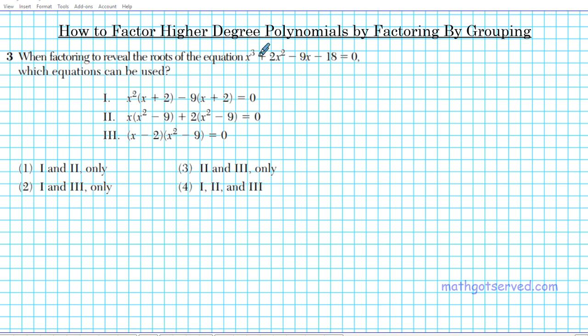We'll get started by factoring this cubic with 4 terms just the way it is first, and then we will interchange the middle terms and factor it out again and see what we get. So x to the third plus 2x squared minus 9x minus 18 equals 0. We have 4 terms here.